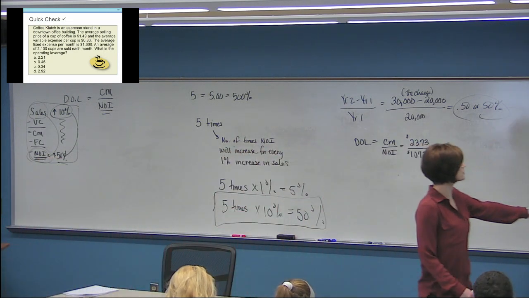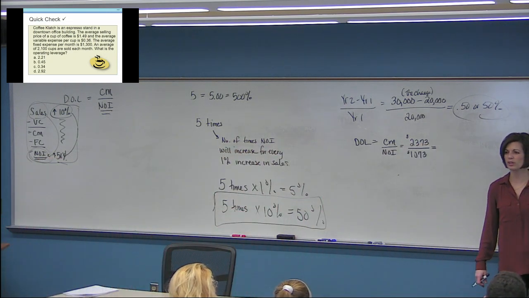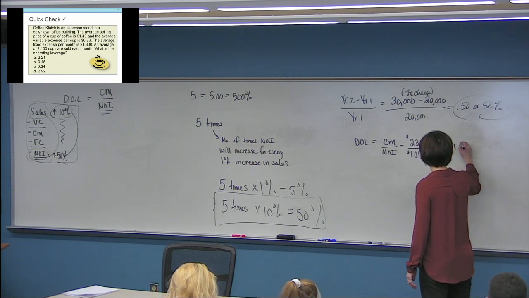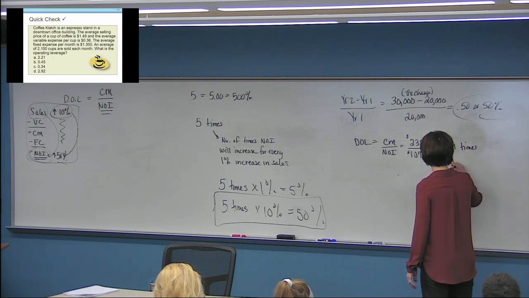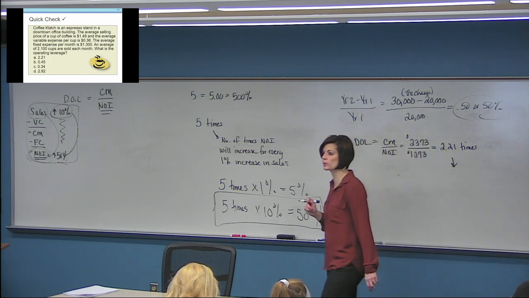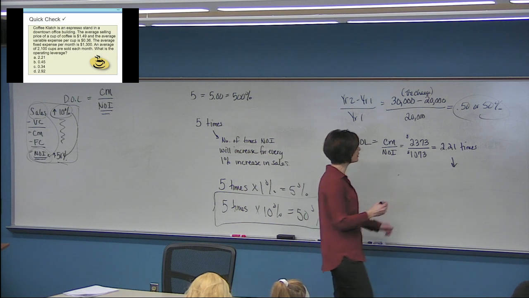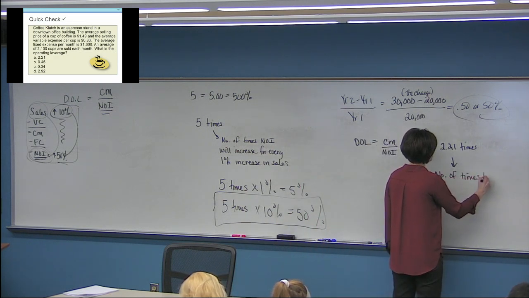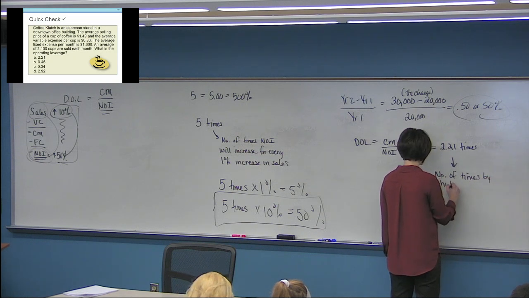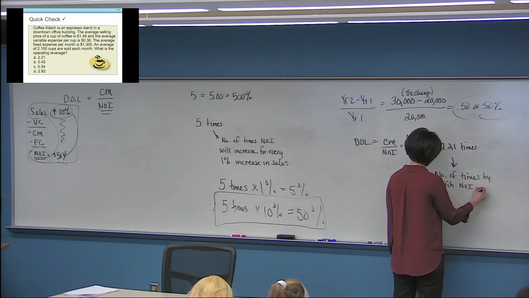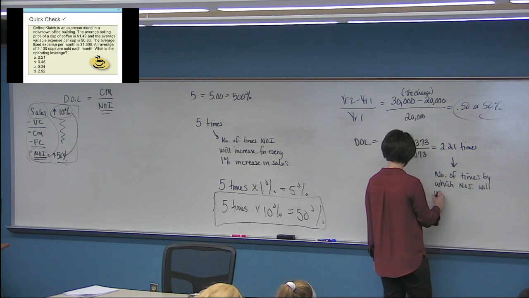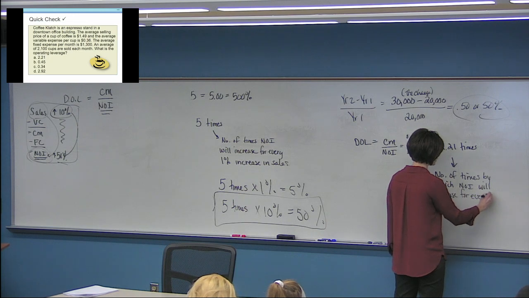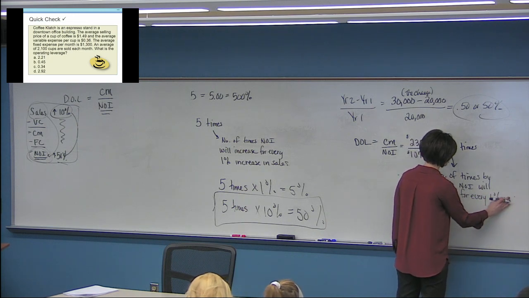Yeah, if you look at your choices here, you can see that you have to carry 2 decimal places, right? So it is 2.21. 2.21 times. Here's what I'm most interested in, this interpretation. This is the number of times by which net operating income will increase for every 1% increase in sales.